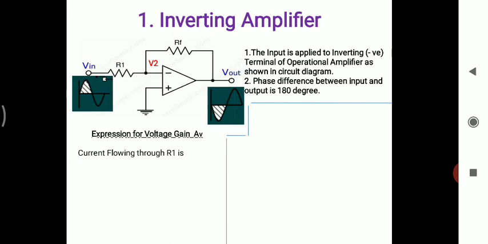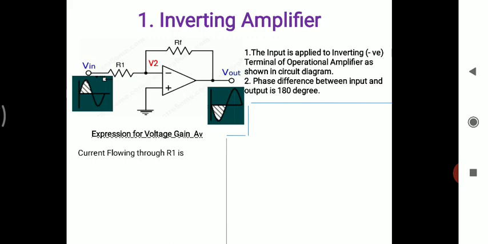Because of this infinite input impedance, the current which is flowing from Vin will not go into the operational amplifier. Now, how are we going to calculate the current flowing through resistance R1? According to Ohm's law, the current is calculated as I equals V divided by R. In this case, we have two voltages at the two end terminals of resistance R1.